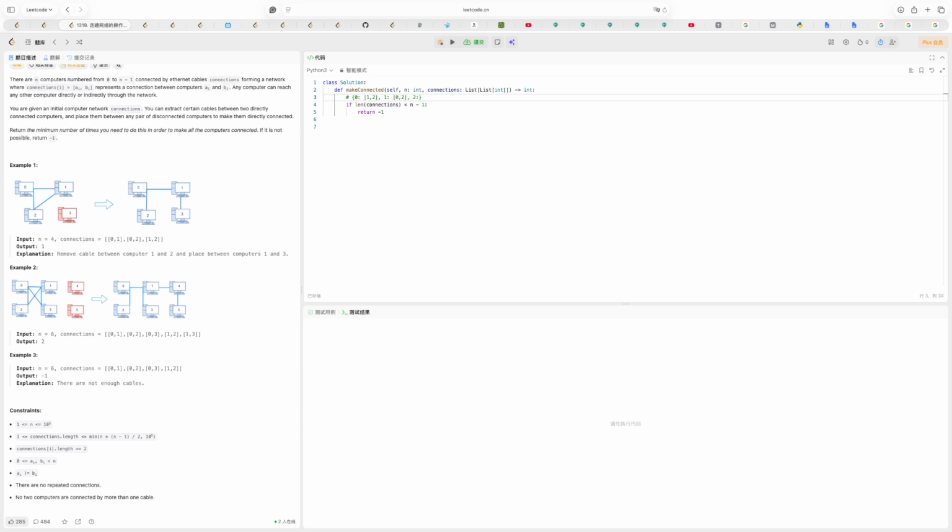Node 2 will have 0, 1. And since we have 4 nodes, 3 will be empty.